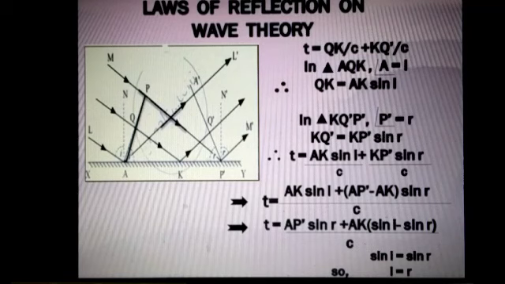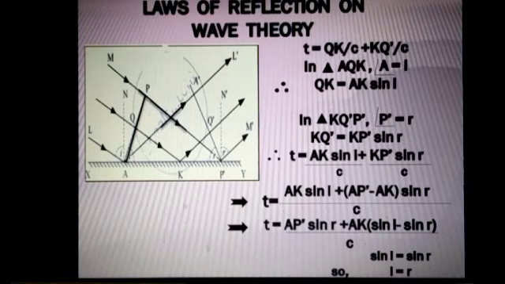Again, in right-angled triangle KQ'P', angle P' is equal to the angle of reflection. Therefore, KQ' is equal to KP' sin r. Putting these values of QK and KQ' in the first expression of time, we get the second expression of time.